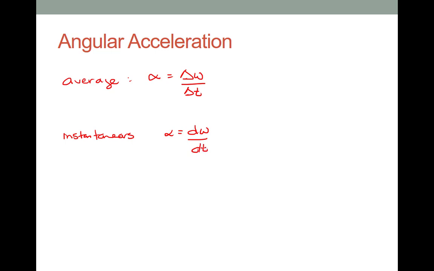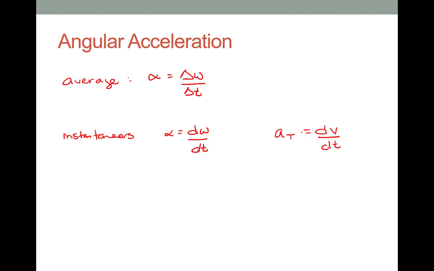Hopefully you're seeing here that the relationship between the angular variables is very similar to the relationships with the linear variables. So, for example, angular acceleration is the derivative of angular velocity with respect to time. Linear or tangential acceleration is the derivative of the velocity with respect to time. And this is what we learned in the second unit, I believe.